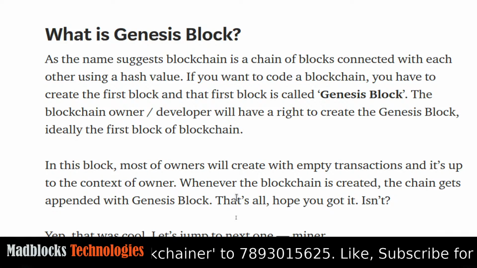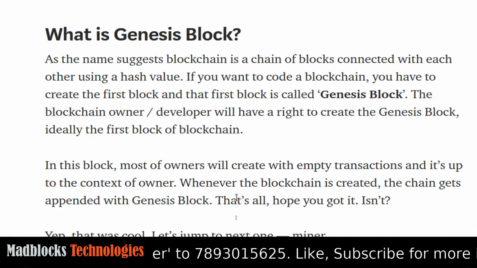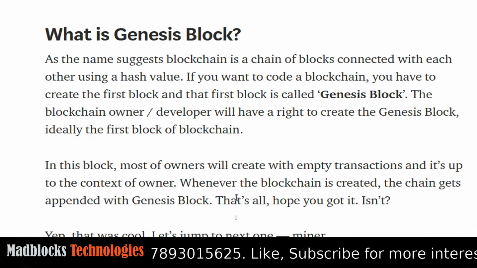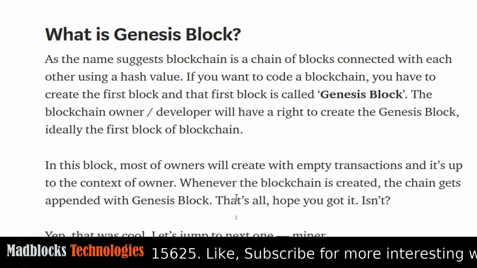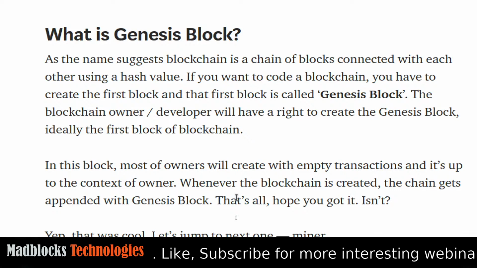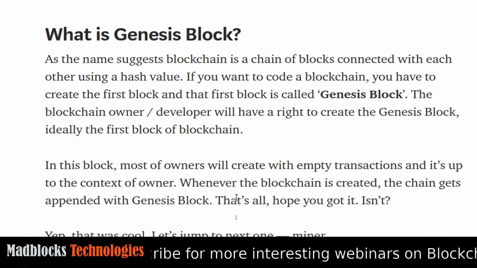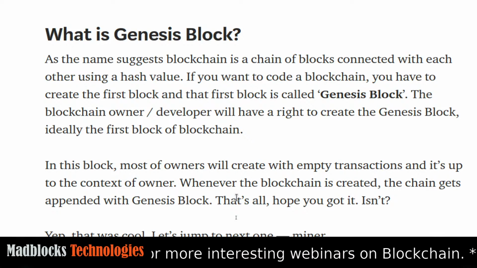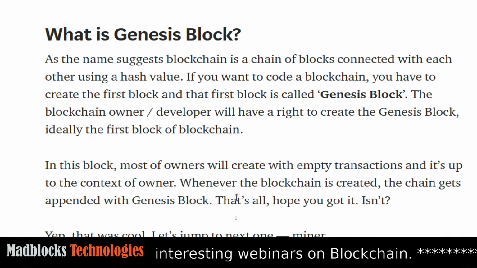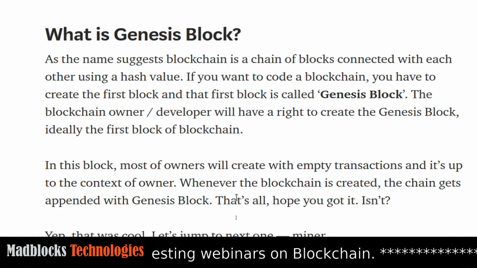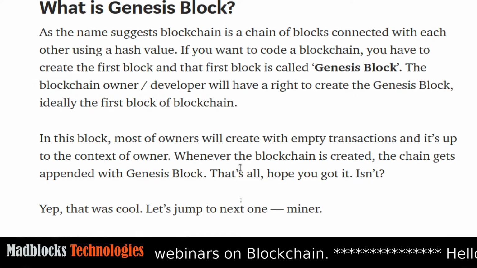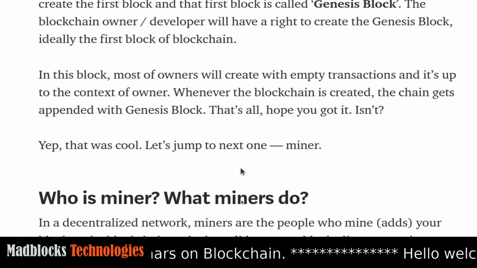Whenever the blockchain is created, the chain gets appended with the Genesis block. According to me, the Genesis block is nothing but the first block which is created by the owner or the developer who is initiating the blockchain. So that's all about the Genesis block. I will explain in the Python program how to create this.